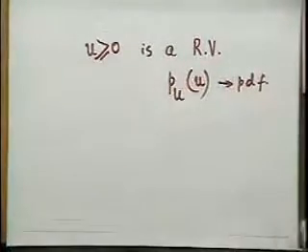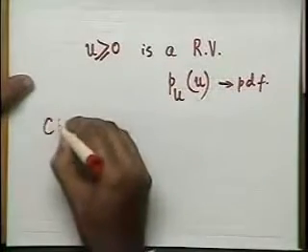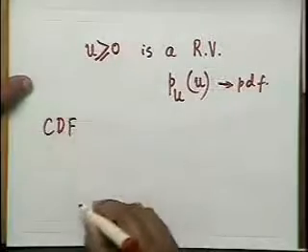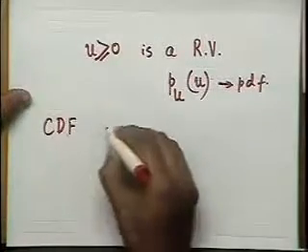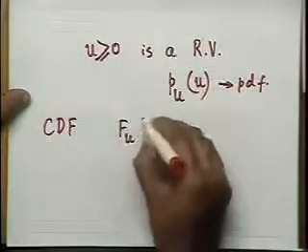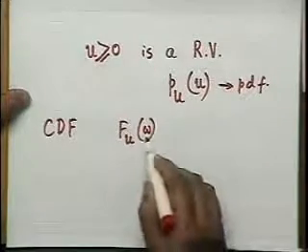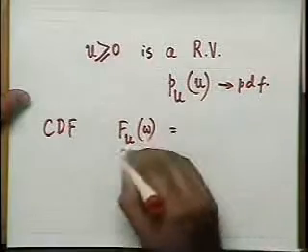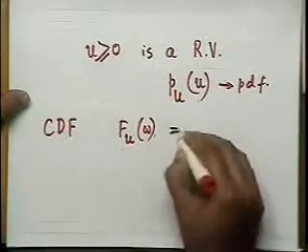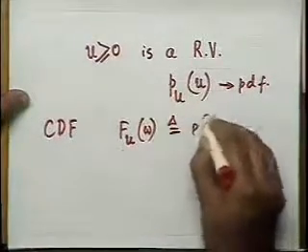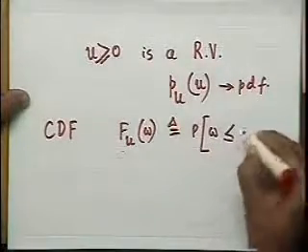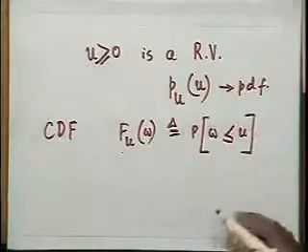All right, and I also consider its cumulative distribution function, which is called the CDF. I am going to write it in terms of a dummy variable w as f of w with respect to u, which is defined as the probability that this dummy variable w is less than or equal to u.